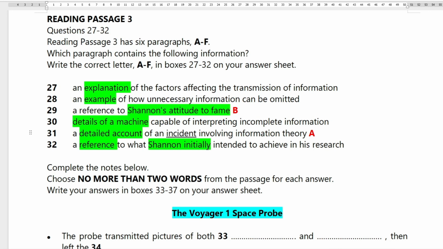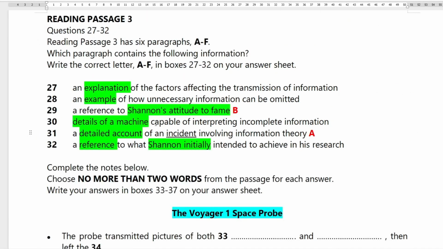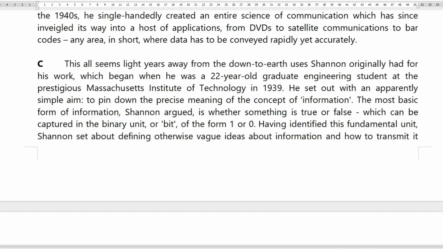A reference to what Shannon initially intended to achieve in his research. He set out with an apparently simple aim to pin down the precise meaning of the concept of information.